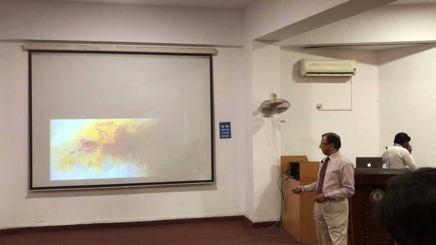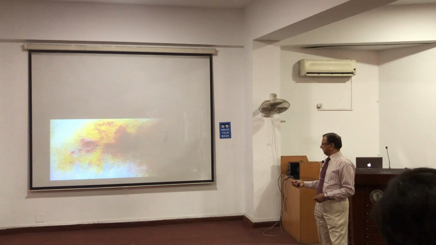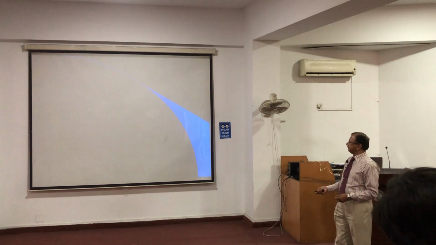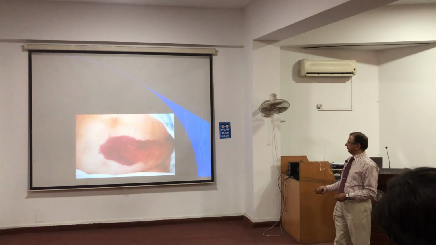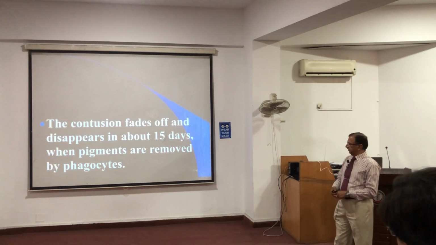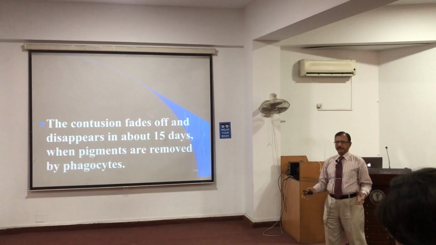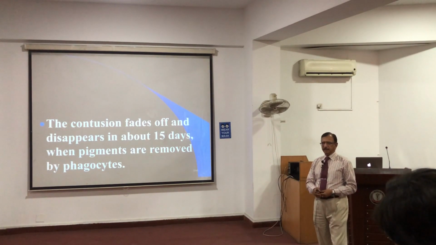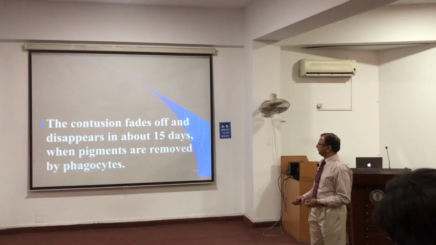So this is how from periphery to center the color is variegated. And in 15 days, the phagocytes eat up the pigment and completely clear up the area, and it will not be visible.